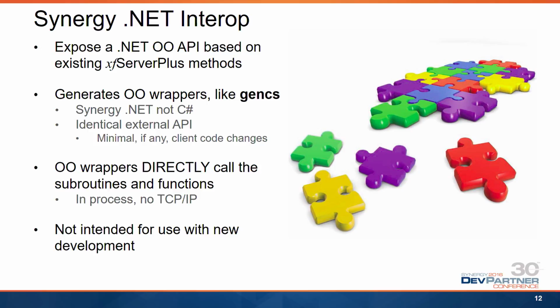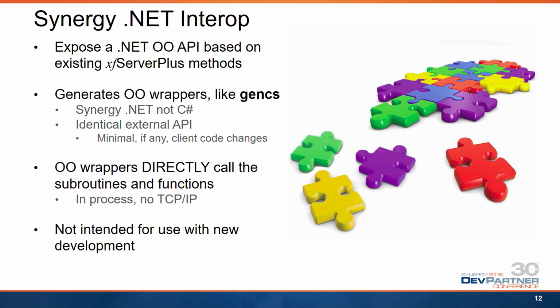So it generates a class with methods for all of the subroutines that you've defined, and it generates classes with properties for all of your data types. And the point of this is that it's generating Synergy.NET code instead of C# code. Well, okay, that doesn't really matter. Well, actually it does. But the biggest point is that the Interop project code generates the exact same API that GenCS generated.